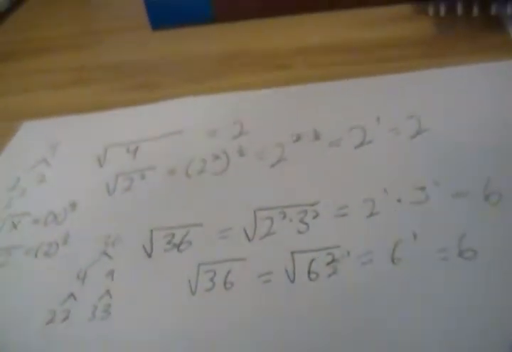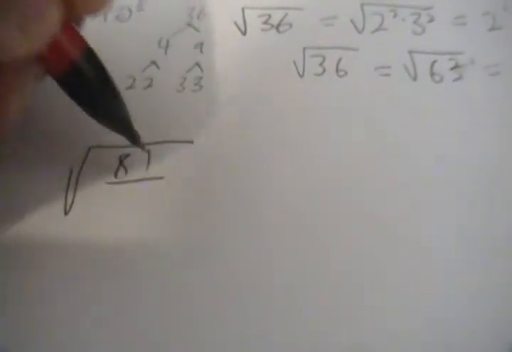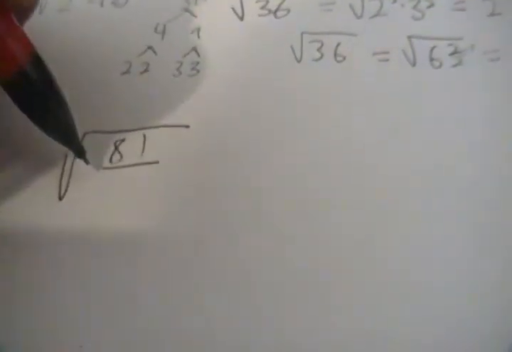Alright, now let's try some fractions, square root fractions. We can have those. So let's say we have the square root of 81 over 121.